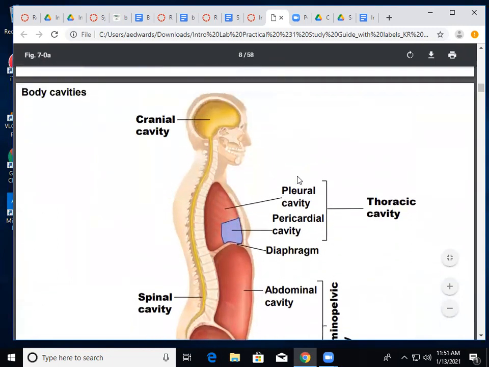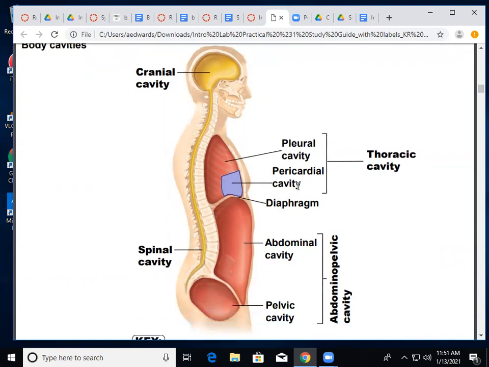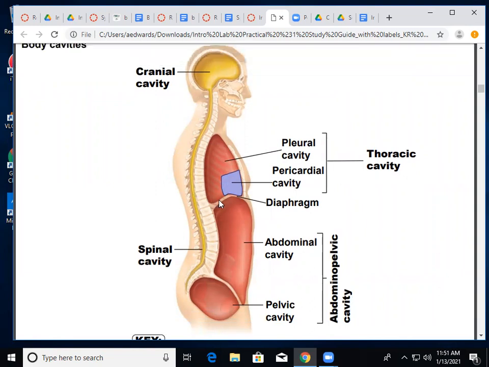Okay, I also want to teach you about body cavities. So for body cavities, what we want you to know here, the brain essentially is inside of the cranial cavity. Right? You say cranial is for the head, right? Does that make sense? Okay, then in your chest, you have a thoracic cavity.